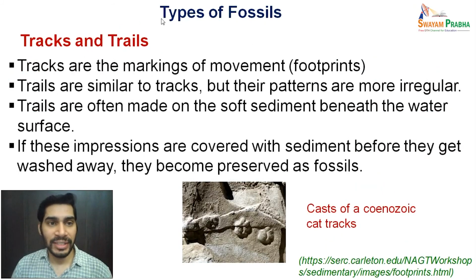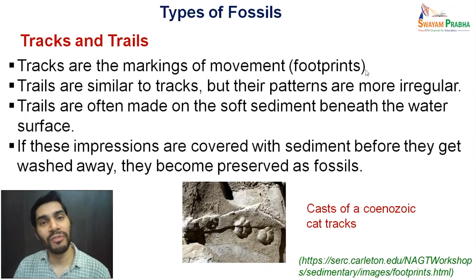Another category of trace fossil is tracks and trails. Tracks are nothing but the markings of movement, which in general language we call footprints. So these footprints also get fossilized at times. Similar thing is trails, but the patterns in trails are more irregular. They are often made on soft sediment beneath the water surface.